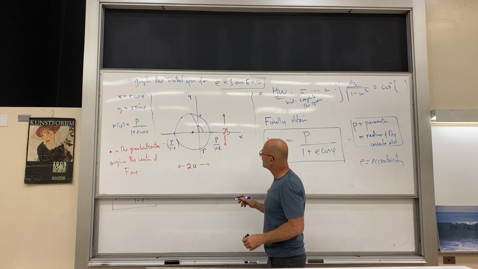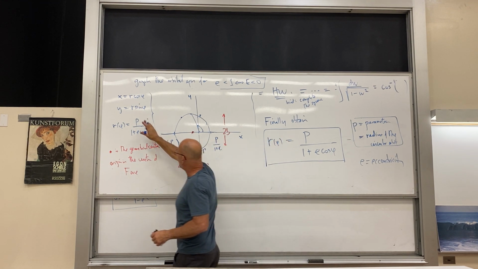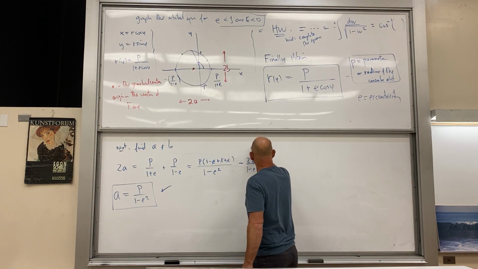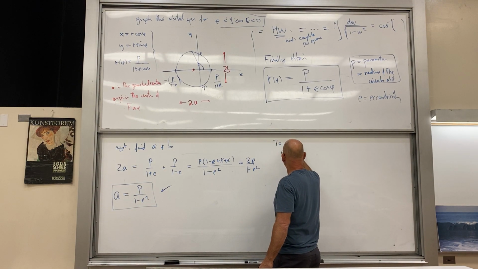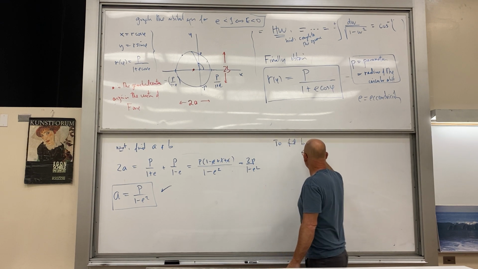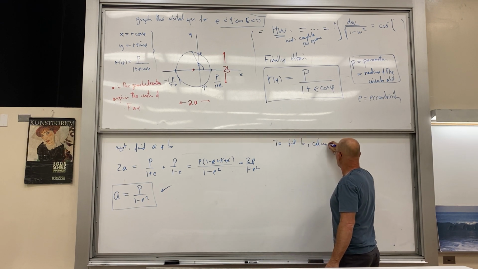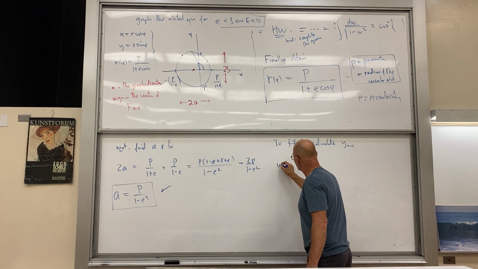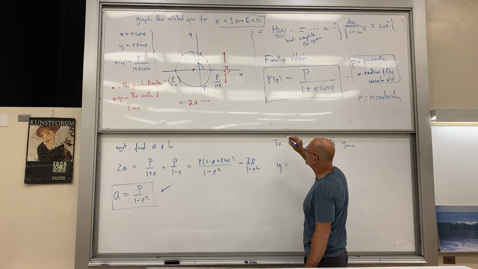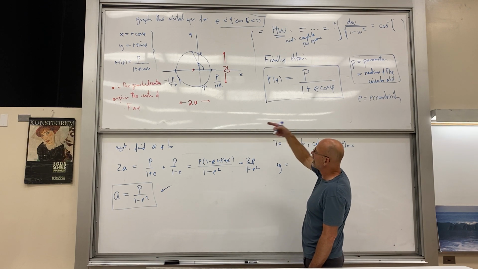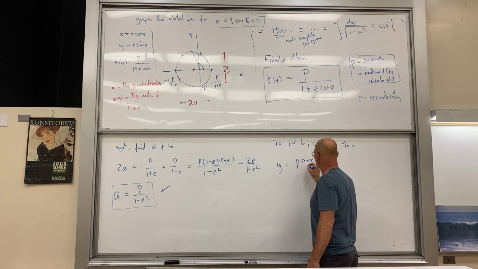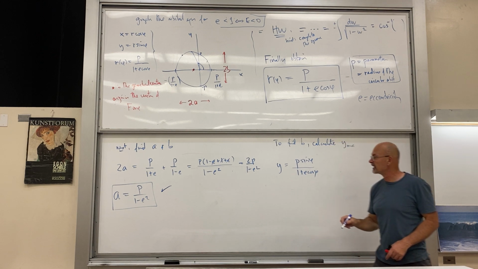And then we can find what the maximum value of y is. So to find B, calculate y max. Now y is equal to r sine phi. So y is equal to P sine phi over 1 plus E cos phi, right?